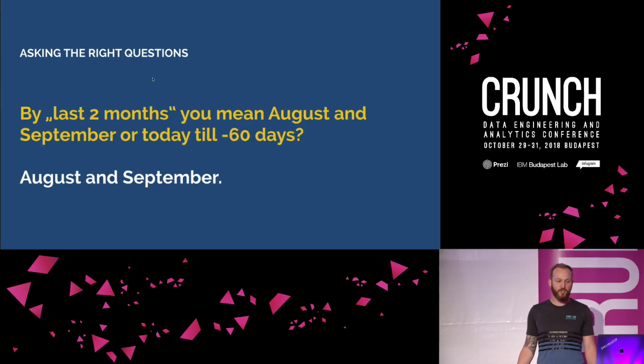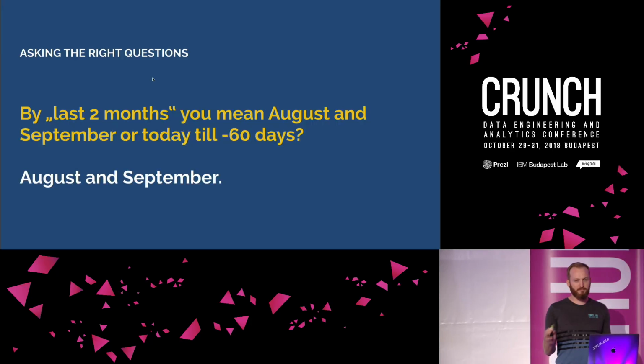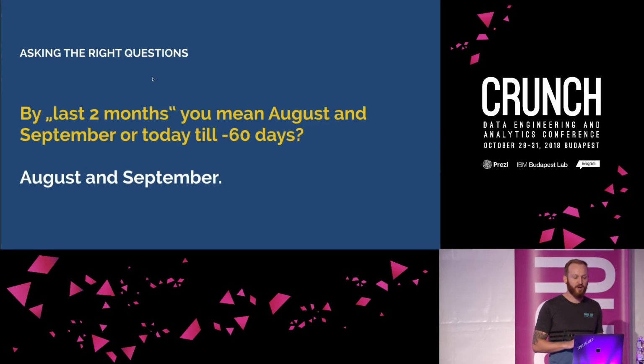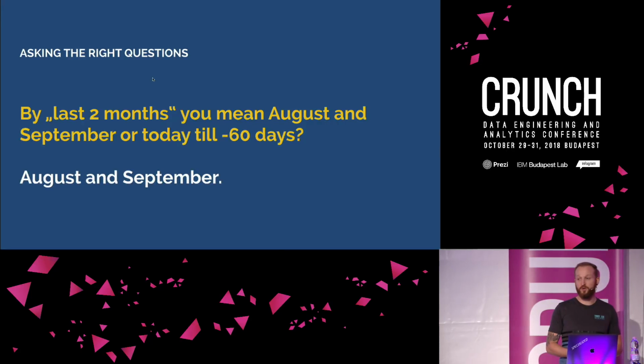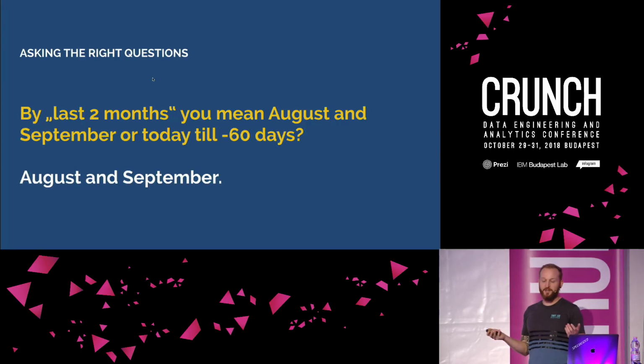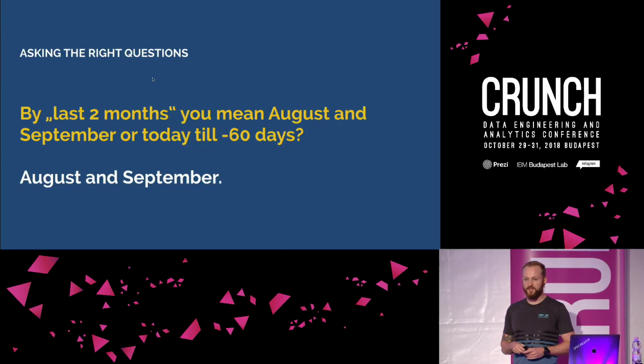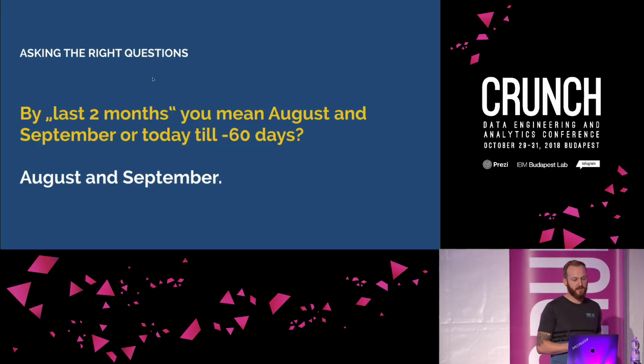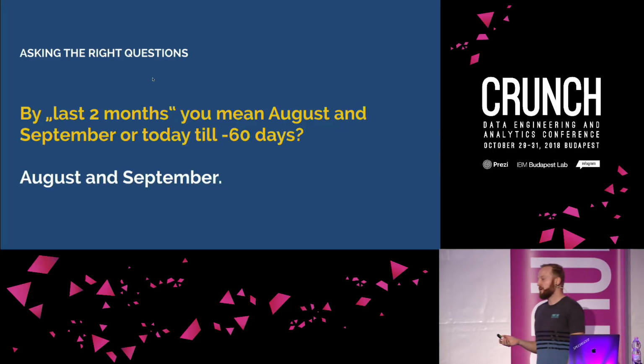Which takes us to the last question, which is maybe a little bit too detailed, but just to make sure: by the last 2 months, do you mean August and September, or today minus 60 days, which also could make a little bit of a difference? And the answer here was August and September. Why did I ask that?